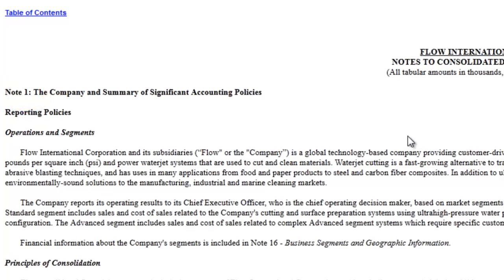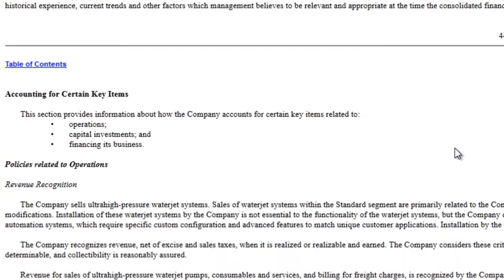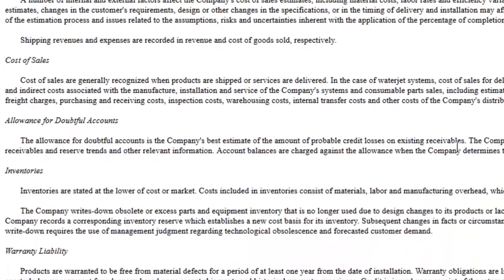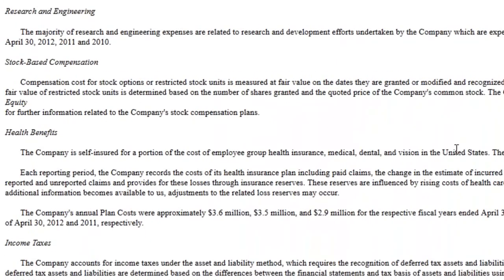Usually at the beginning of the footnotes, the company describes its business again, and a lot of the information included in this section is very similar to what you already read at the beginning of the 10-K, but this information might be much more detailed than you previously saw at the beginning of the report. For example, they might discuss the health benefits that they offer to their employees that they didn't necessarily discuss before.